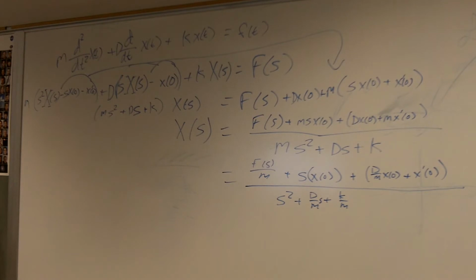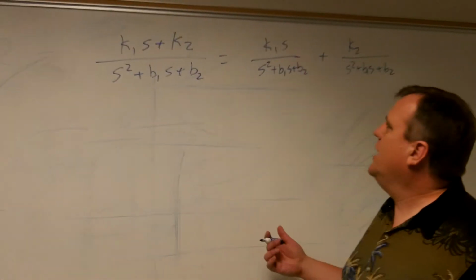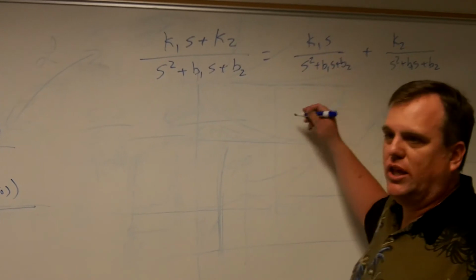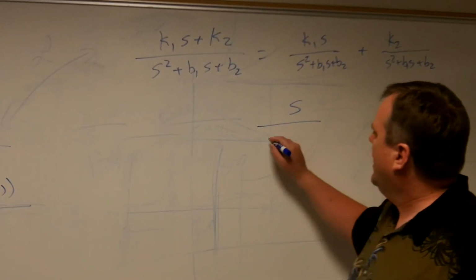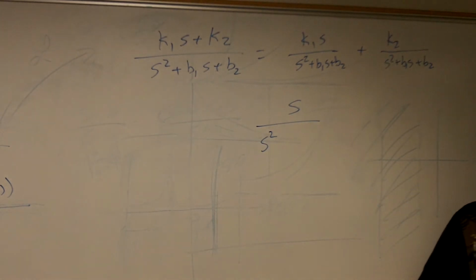Everybody know what that is? Or a completed fraction. Think about inside of your terms here. Do you have anything that looks like this, in s, with a highest power s squared on the bottom, in the tables that we have generated?